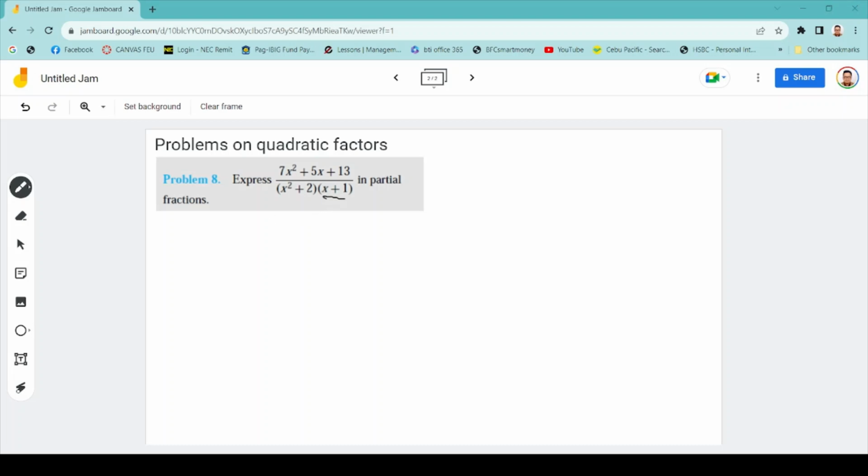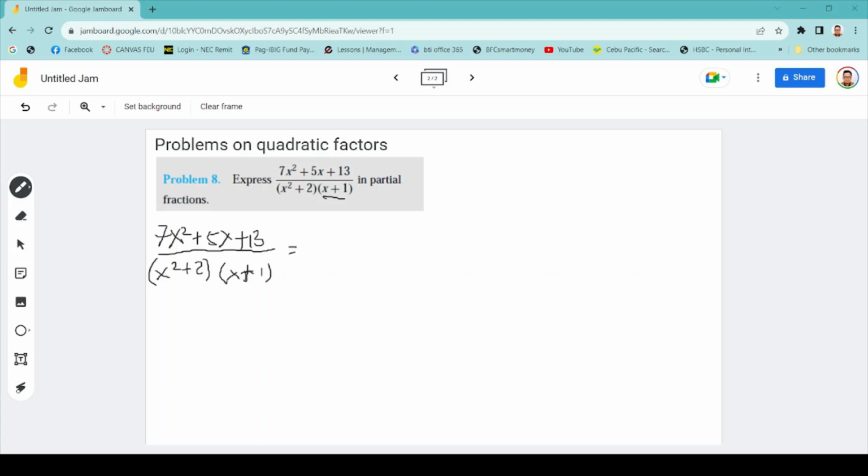So what we're going to do is to write this one. You have 7x squared plus 5x plus 13 over x squared plus 2 and then x plus 1. We can rewrite this into partial fractions.